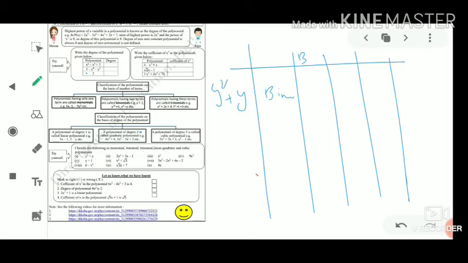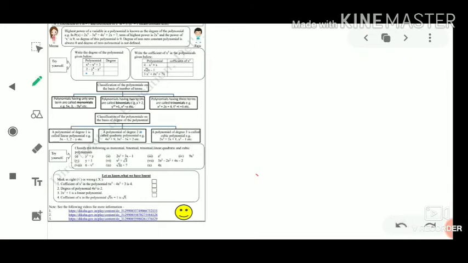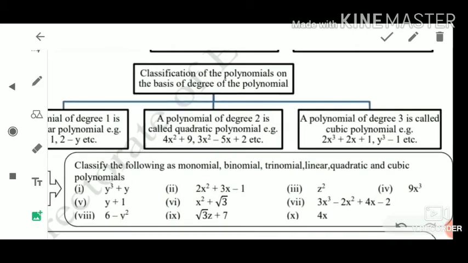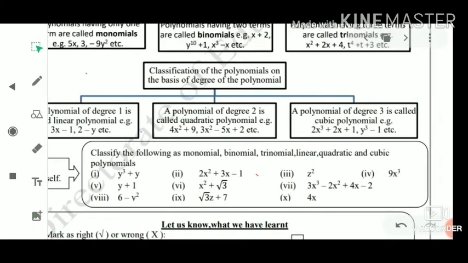And y has a degree 2, so it is quadratic binomial. So you need to make a proper table, and you need to write down its term and its degree. So I hope you all understood what this question was asking us and how we can make it. So let's start.